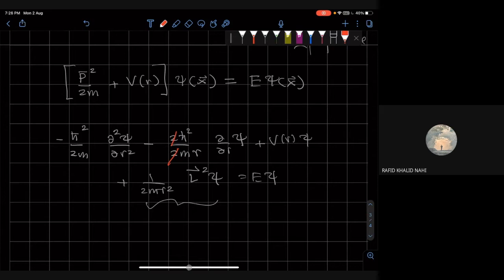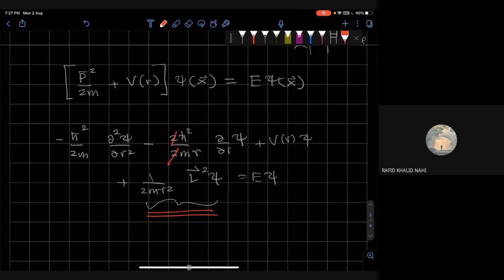Another thing we can see is that if we were to multiply everything by r squared, what would we get? We would get that this term is actually independent of r. Okay?